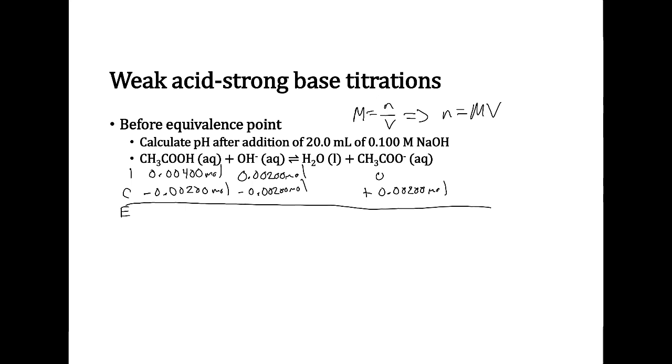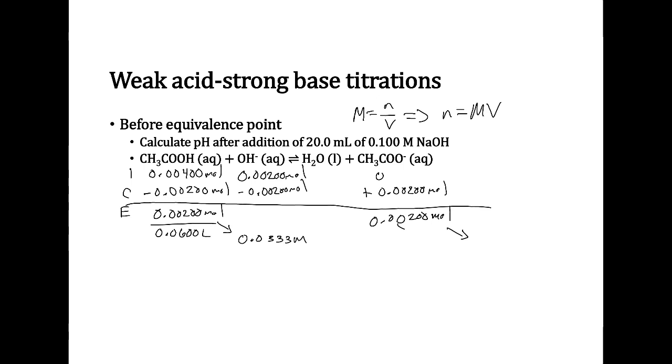So whenever we go through, we're left with 0.00200 moles of acetic acid, 0.00200 moles of acetate. Before we can plug this into an ICE chart for the dissociation constant of an acid, we need to convert these mole amounts to concentrations. So the way that we're going to do that is we'll divide by the total volume, which is 0.0600 liters, which gives us a concentration of 0.0333 molar.